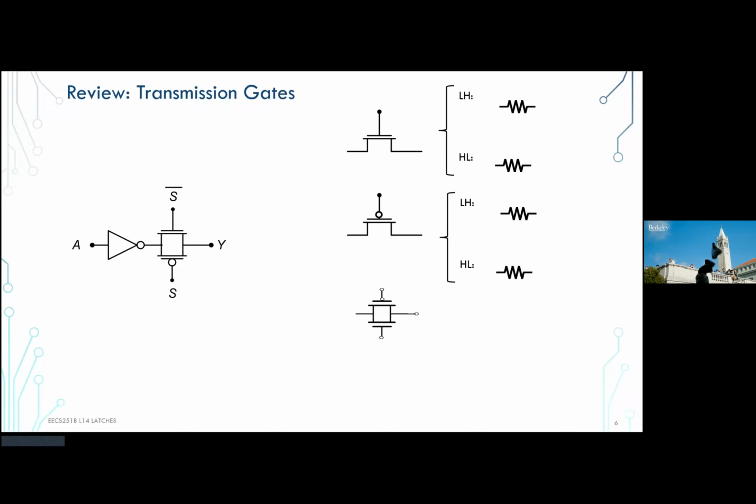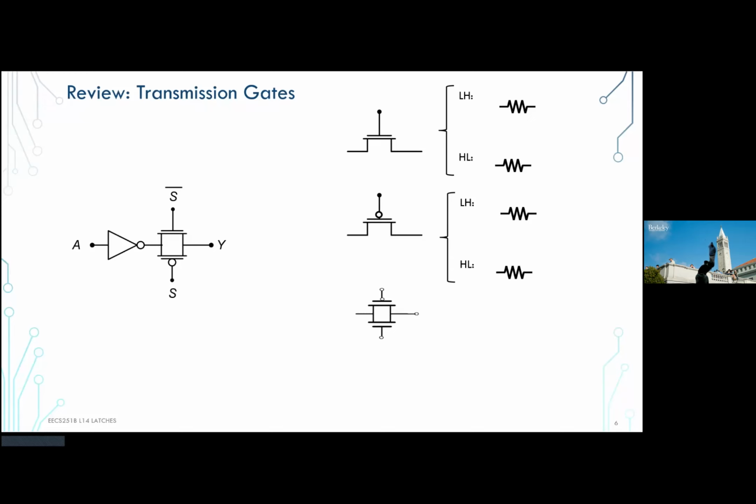And what we typically have in a standard CMOS. In high to low, it has an equivalent resistance of a standard inverter, right? So the equivalent resistance here is going to be R.